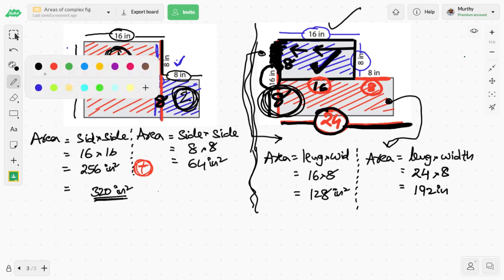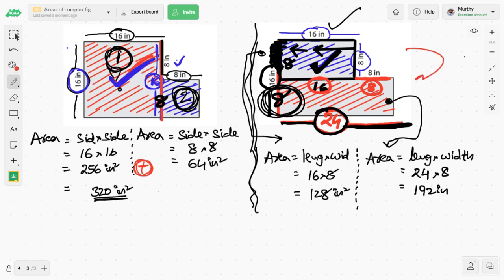As I mentioned before, when you add these two areas, you'll get the total area. So 128 plus 192, this is 320 square inches.